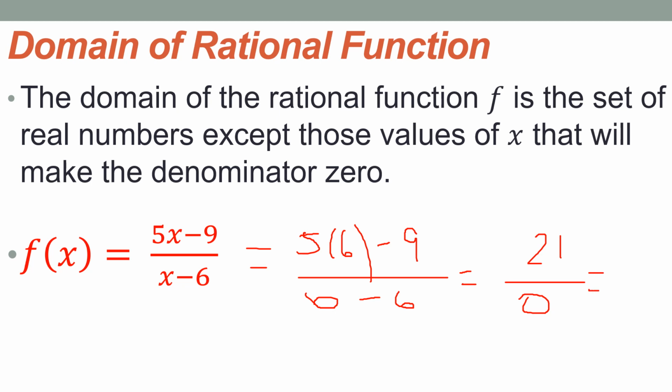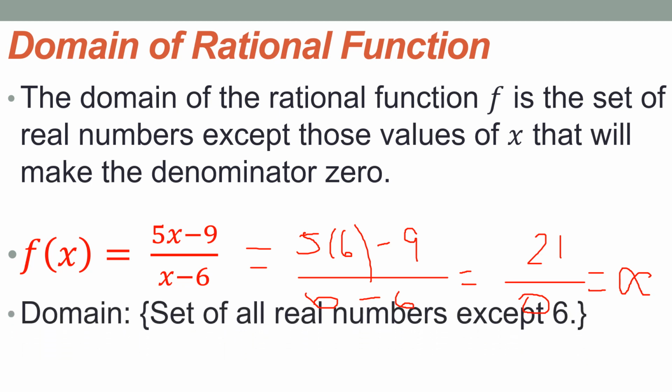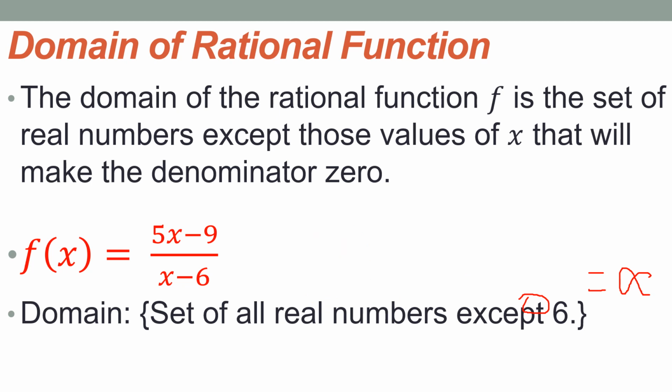Since the denominator is 0, our rational function is undefined. That's why the domain of the rational function is the set of all real numbers except 6.